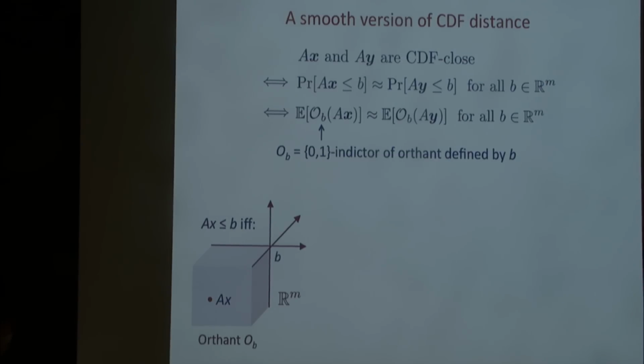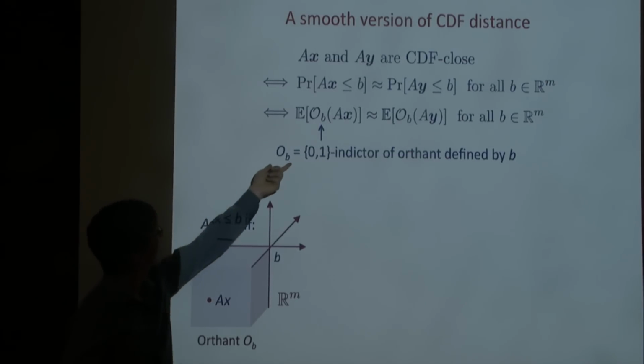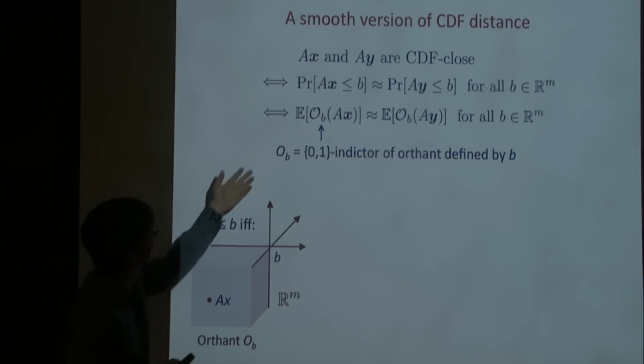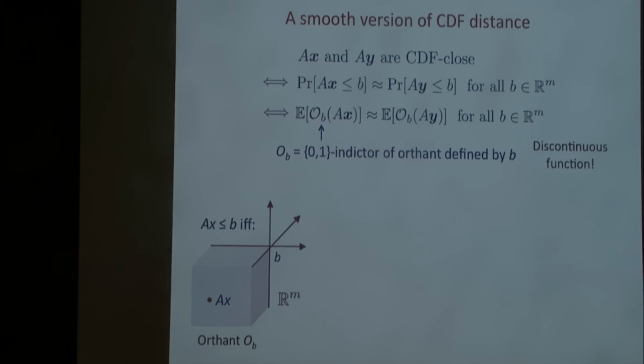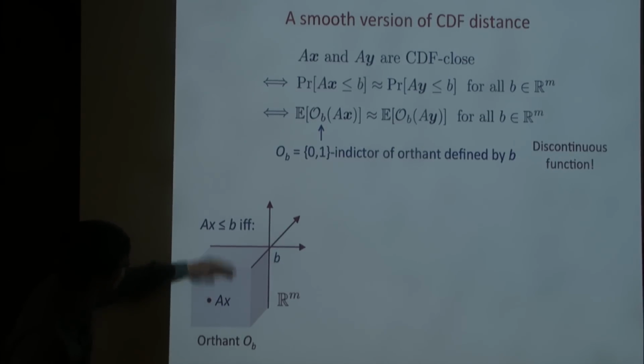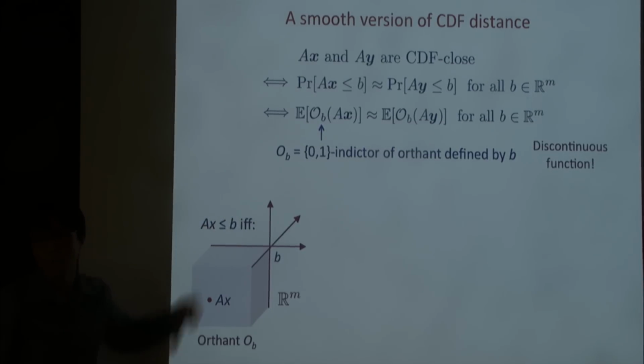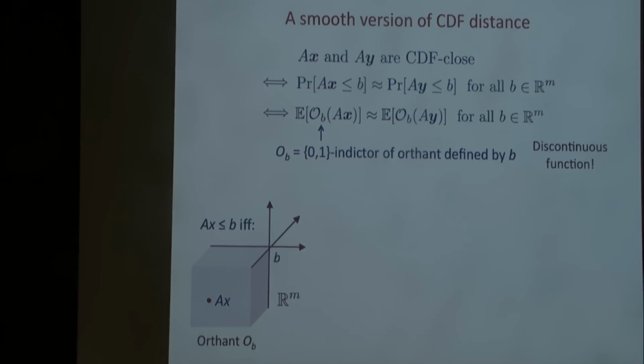Let me just rewrite things a little bit. I write O sub B as the 0, 1 indicator of this orthant, and you're just trying to compare the probability that you fall in the orthant, the expectation for AX versus AY. The reason this is not a smooth version is because it's a discontinuous function. This is 1 here, it falls off this cliff, and it goes to 0 outside the orthant. It would be very convenient if this were a continuous function.